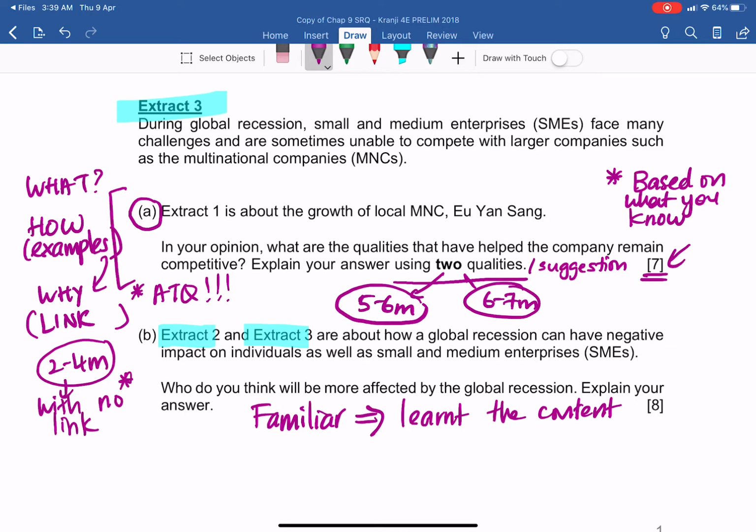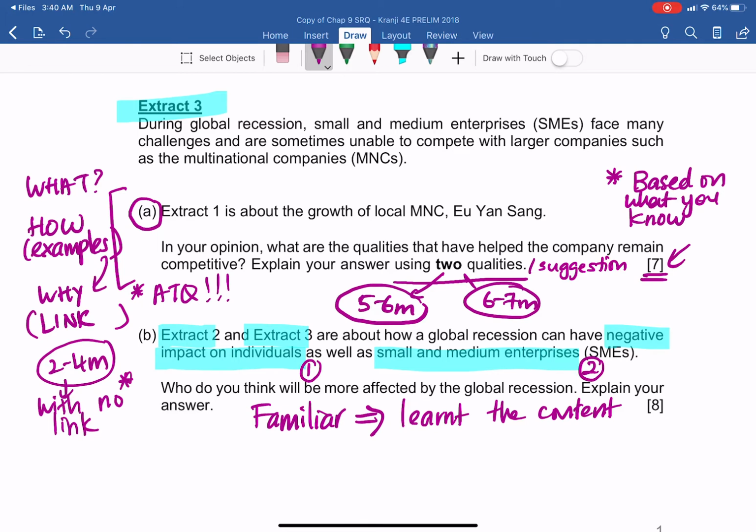And if you look at the question, it is asking you about global recession that can have negative impact on individuals. That is 1. It is also small and medium enterprises, which is 2. Correct? So there are 2 different factors here.